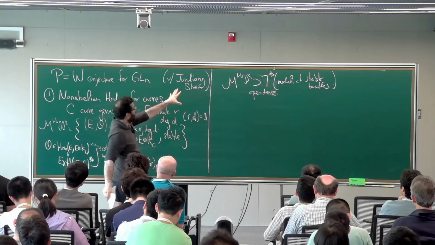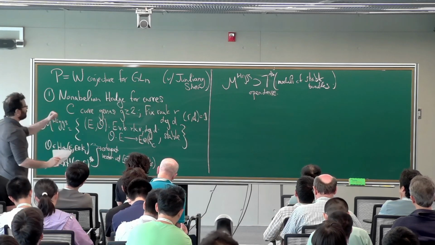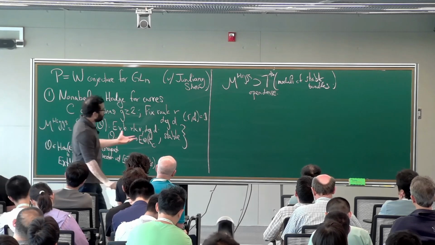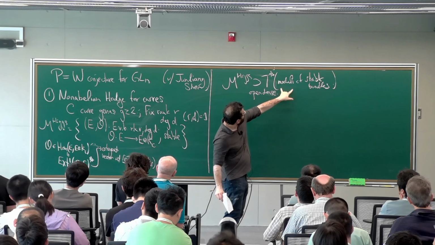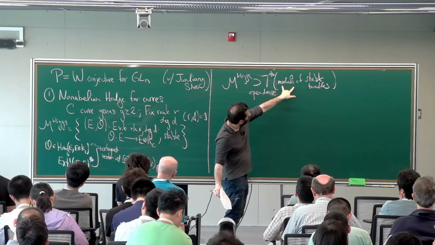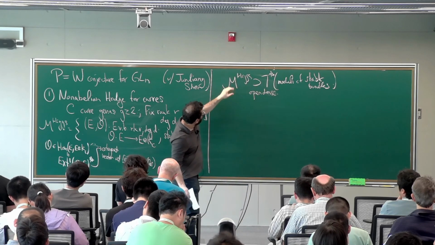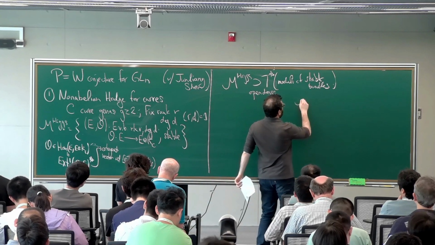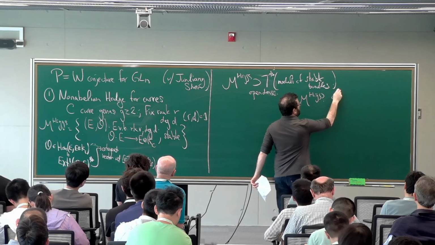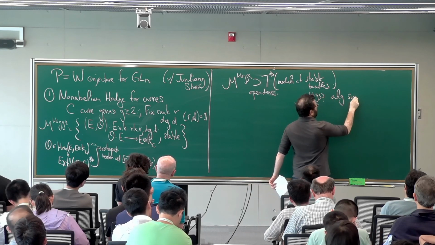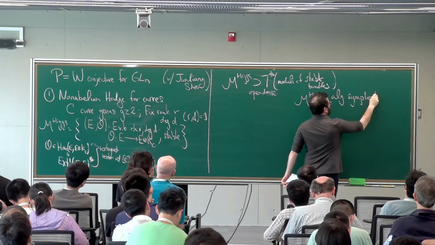But it's bigger because you can have Higgs bundles where the underlying bundle is not stable. So this is strictly larger, but this is still a useful perspective. For instance, there's a natural symplectic form on this cotangent bundle, and that extends to a symplectic form on this whole moduli space. So the moduli space of Higgs bundles is algebraic symplectic, and in fact, it's what's called hyperkähler.